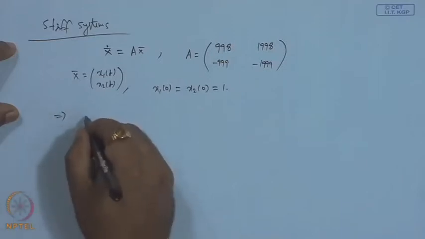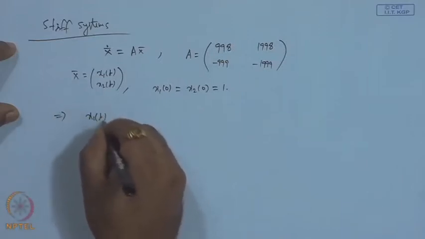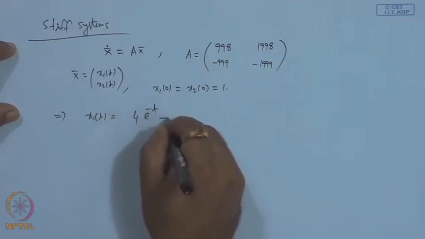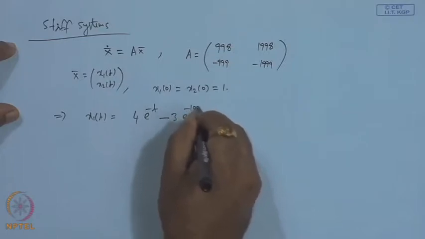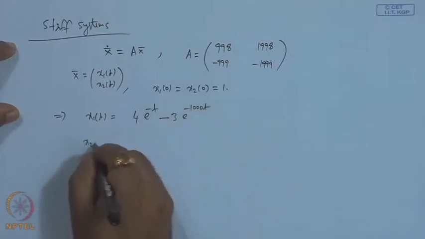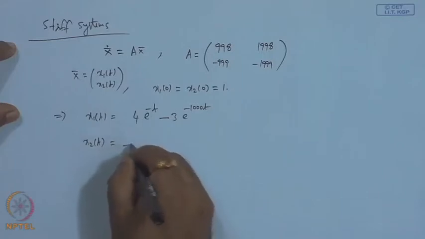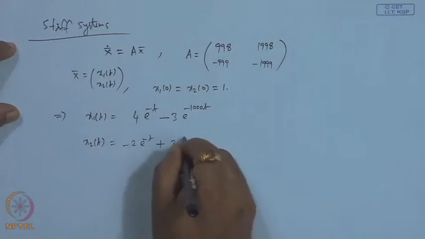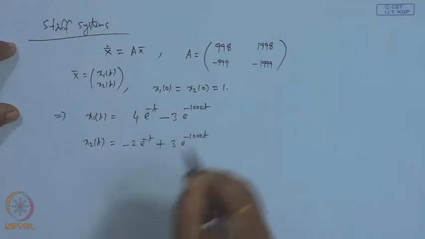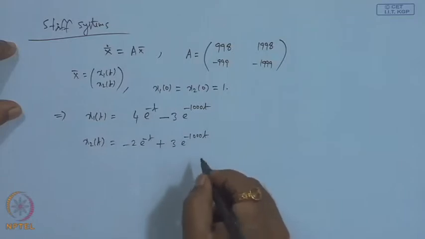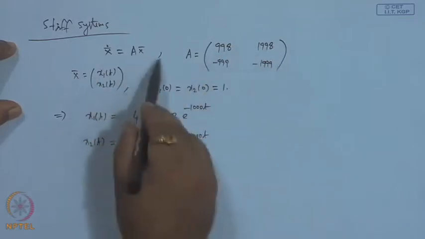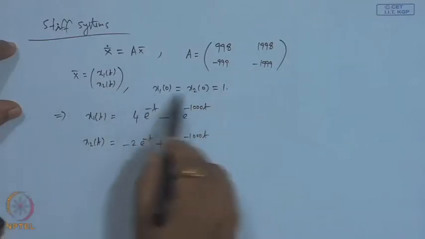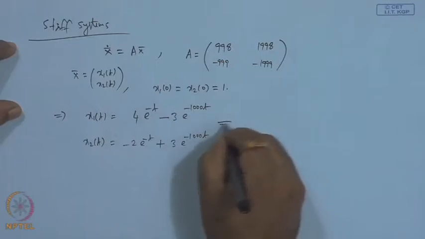So, this implies x 1 of t is... Okay. So, we have an equation like this system, the coefficient matrix is like this, with these initial conditions we get the solution.